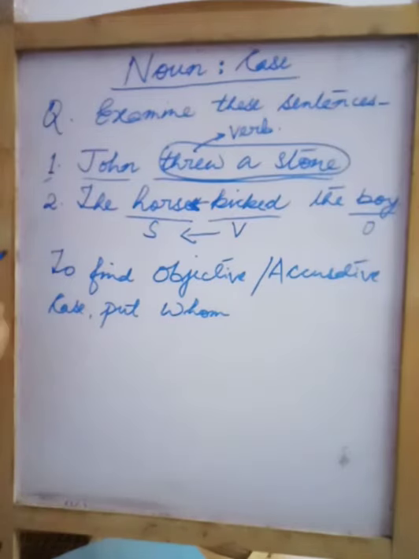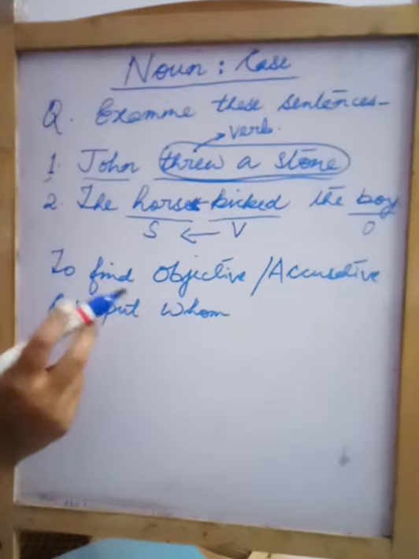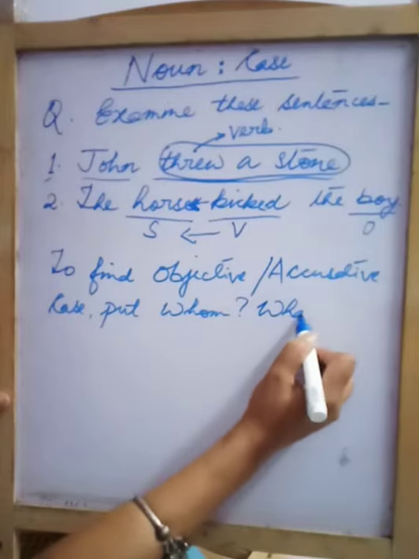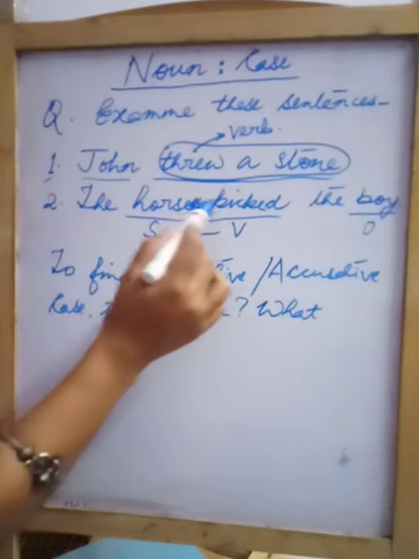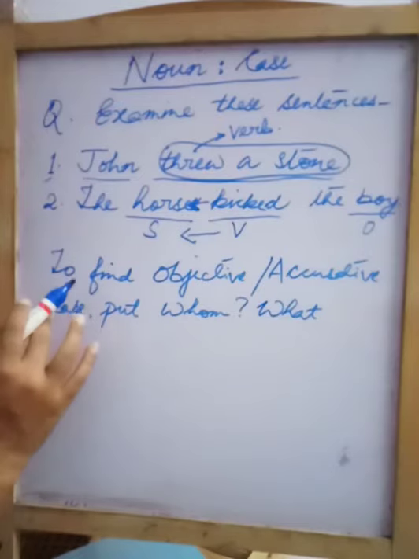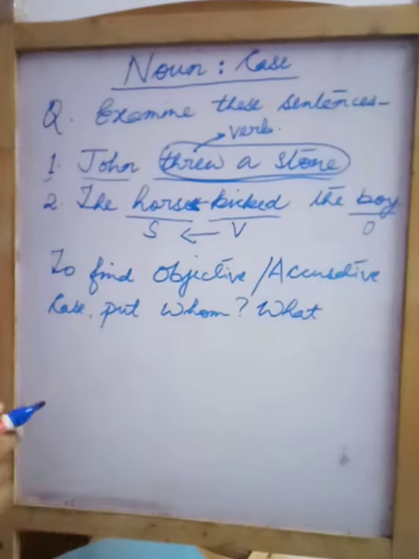In the first one, we put who or what. In the accusative or objective case, we have to put whom or what. In this case, we did that: whom did the horse kick? So we found out the accusative or objective case. Whom did the horse kick? The boy. So it's very, very easy.